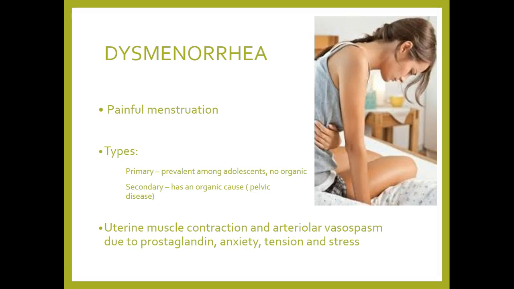So we have a compromised circulation in the endometrium. Then we get ischemia of those tissues, and that causes pain, right? Just like if you put a tourniquet on your arm and you compromise the circulation to your fingers, eventually they are going to hurt because they are going to become ischemic.